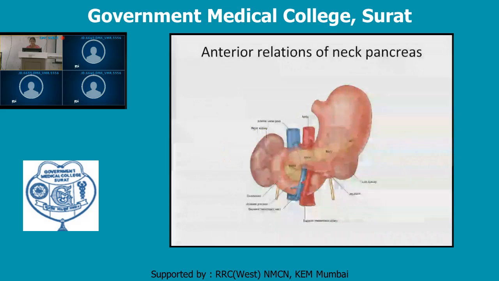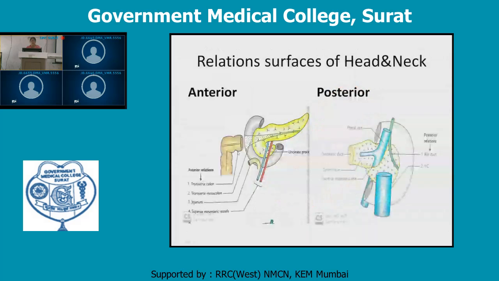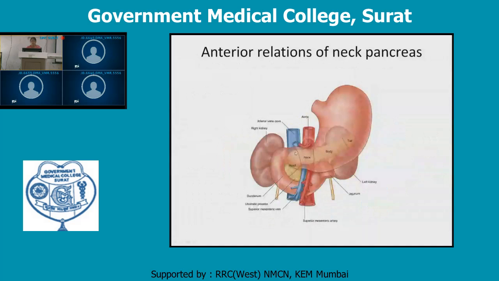In this diagram you can see the relations of the uncinate process. I told you anteriorly the uncinate process is related to the superior mesenteric vessels. Here you can see even its posterior relations. Anterior to the uncinate process is the superior mesenteric vessel, and posterior to the uncinate process there is the aorta. Posterior to the head there is the inferior vena cava.